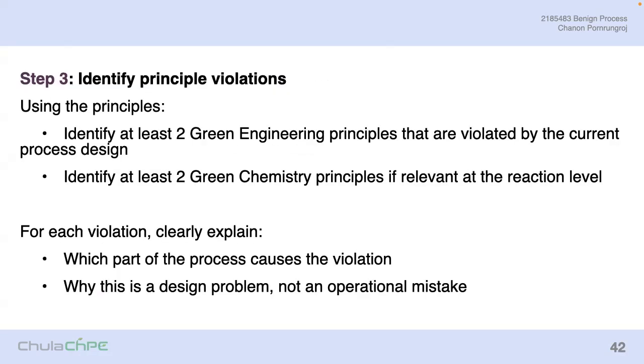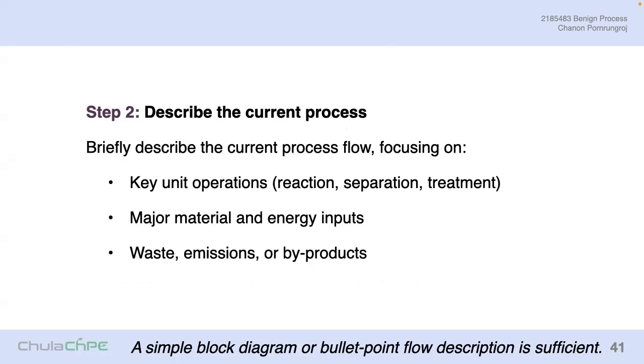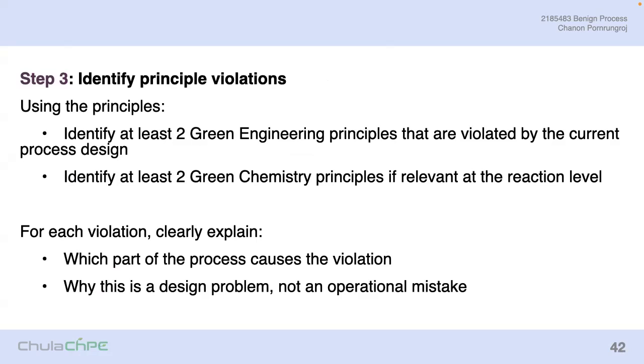Step 3, I want you to identify, in that current process, which green engineering and green chemistry principles it violates, or what can be improved upon. So you will read the principles first, pick the process, identify the current process unit operations, and then identify what principle it violates.